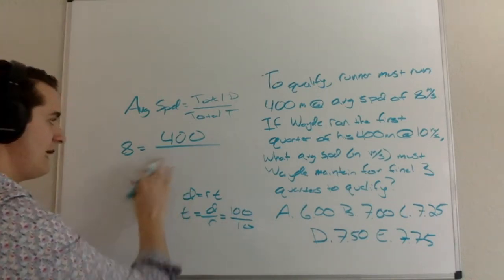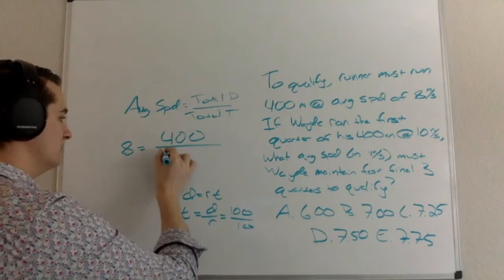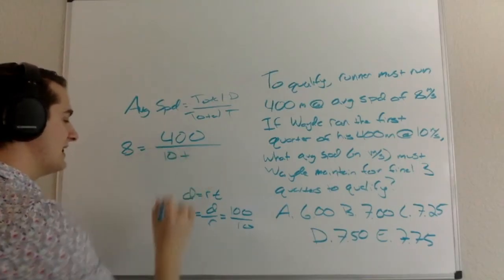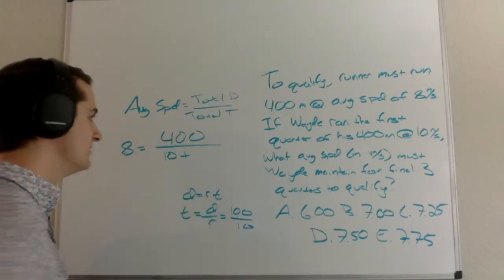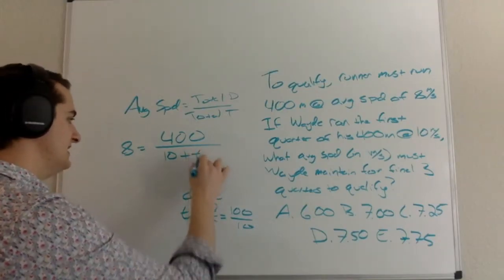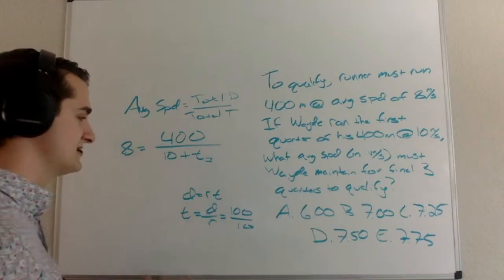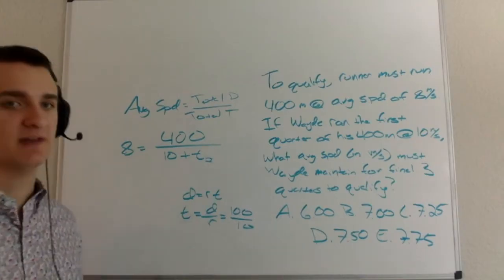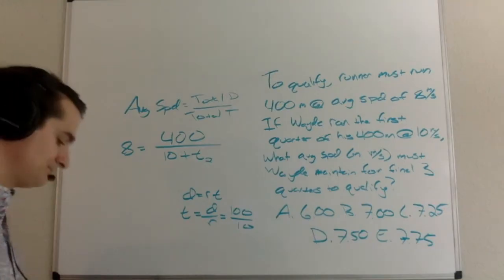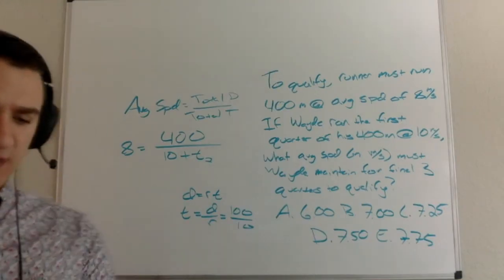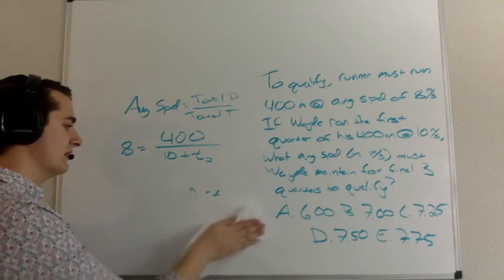So on the bottom of my fraction here, I'm going to do 10 seconds plus, and I'm going to call this t sub 2, just so I remember this is the time of the second portion of the marathon, the last 3/4, is going to be equal to 8. I'm going to start to solve here.